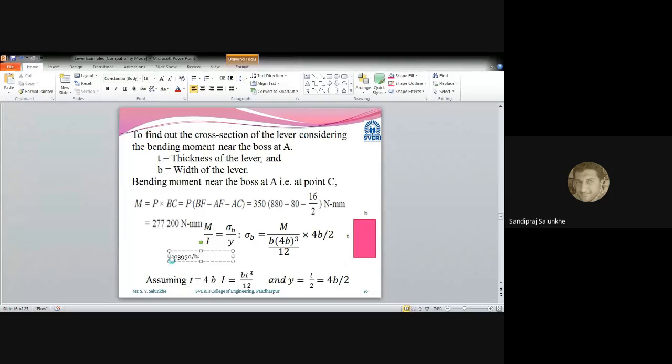So what is the value of sigma b we can get? Has it already been mentioned in the problem? 70, right? So put the value of sigma b as 70, because sigma b is equal to sigma t, bending stress is equal to maximum tensile stress. Okay, so put the value 70 here and calculate the value of b.